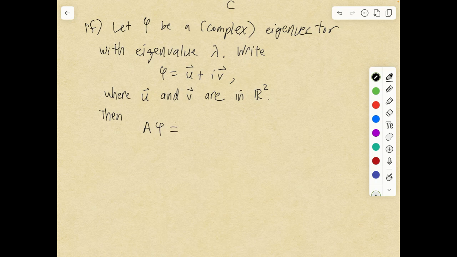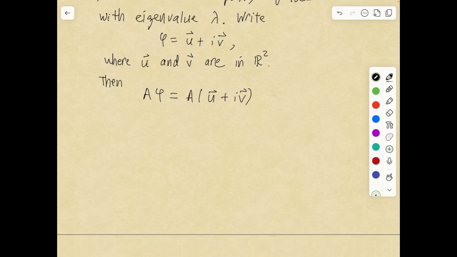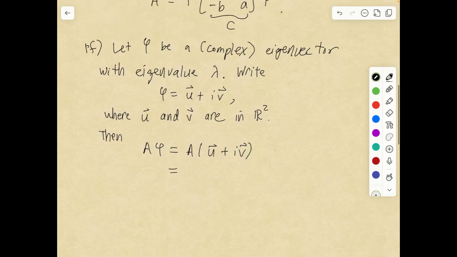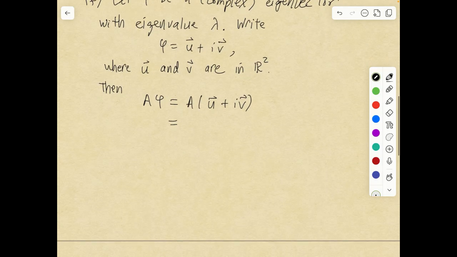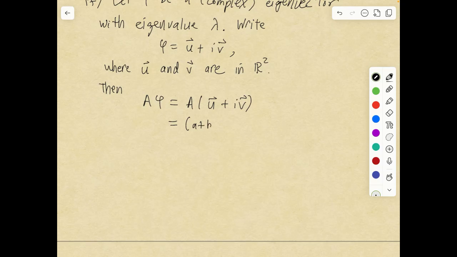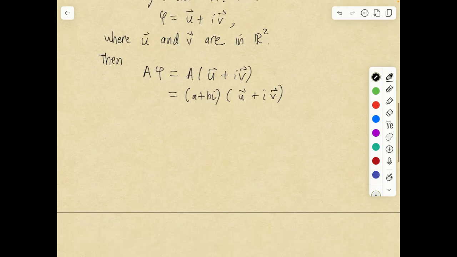Well, phi is u plus iv, and since phi is an eigenvector of the matrix A with eigenvalue lambda, and lambda was a plus bi, A times u plus iv is going to be a plus bi times u plus iv. So a and b are real numbers, u and v are vectors, right?